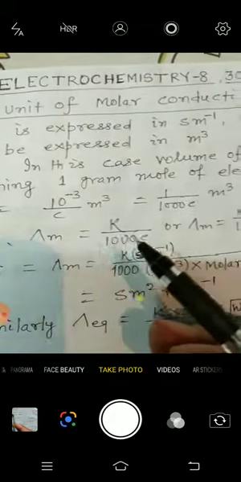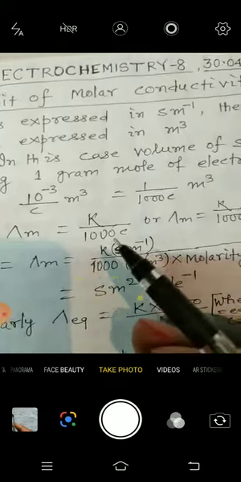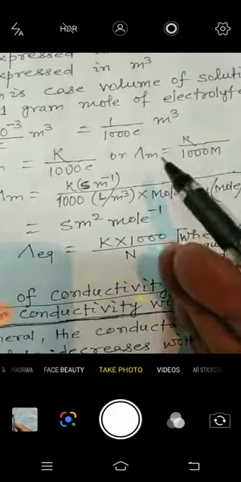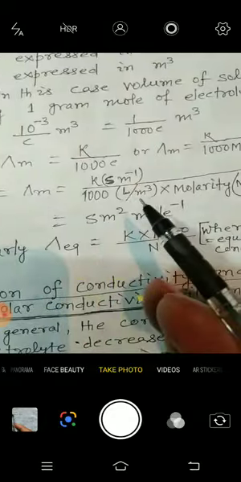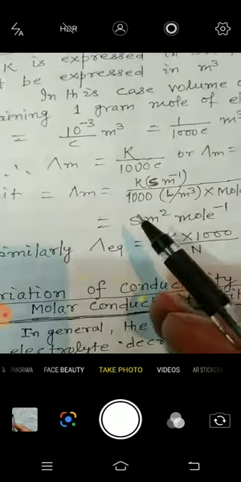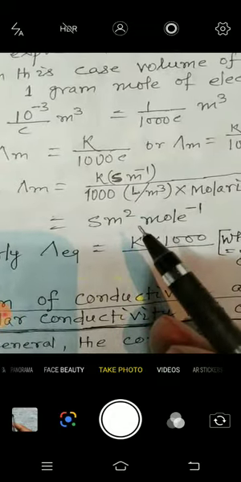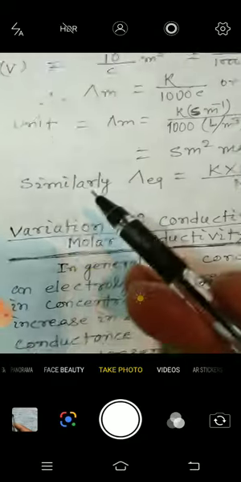Hence, molar conductivity will be equal to K by 1000 C, or K by 1000 M. Again, when you put the units of these things, you will get the SI unit of molar conductivity as S meter square mole inverse.